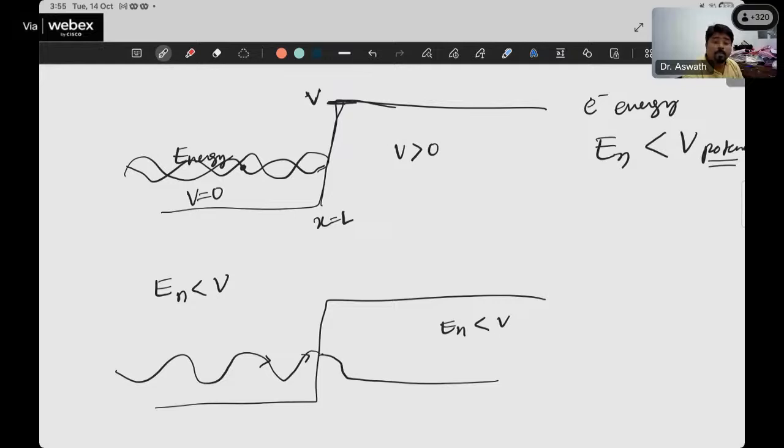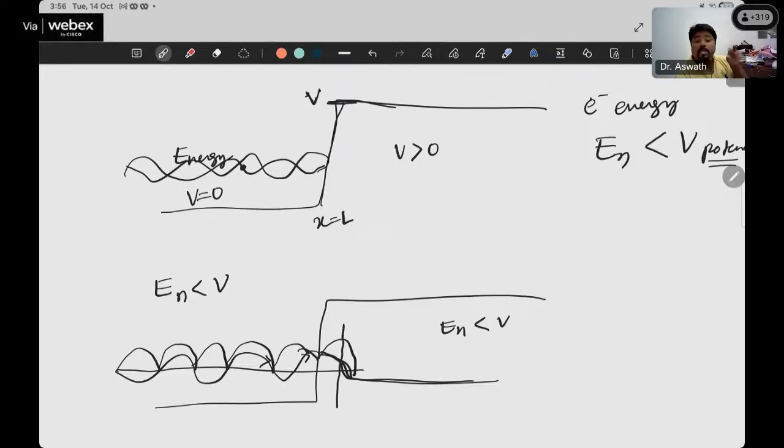It's like a wave. The same way, the electron wave goes inside this larger potential. Now you take the absolute square of this and you would see a maximum presence. So even the electron presence is there at some point inside this potential.